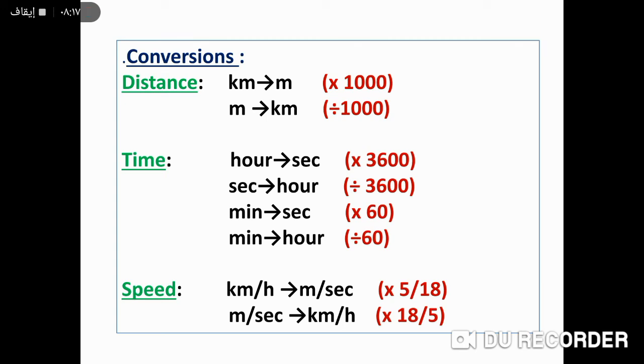If you want to simplify this number, it will be simplified into 5 over 18. So if you want to convert from kilometer per hour to meter per second, you will multiply by 5 over 18. If you want to convert from meter per second to kilometer per hour, you will multiply by 18 over 5.